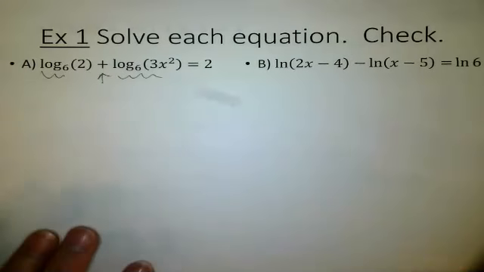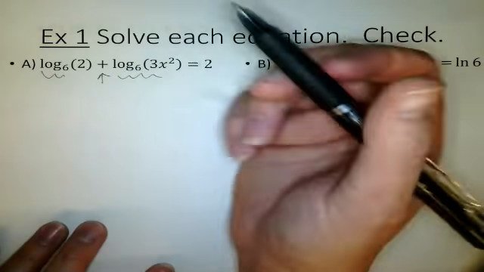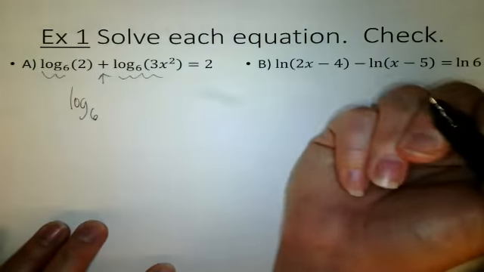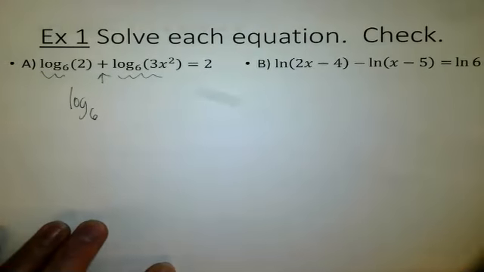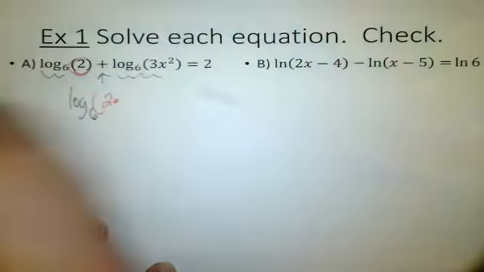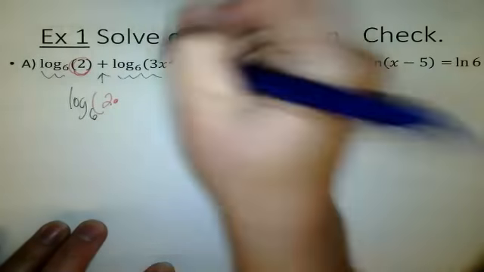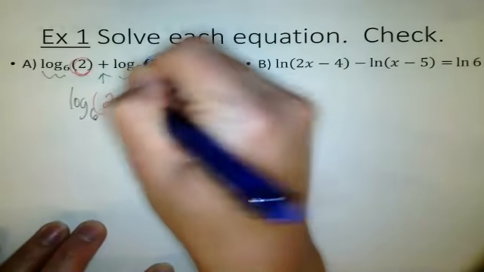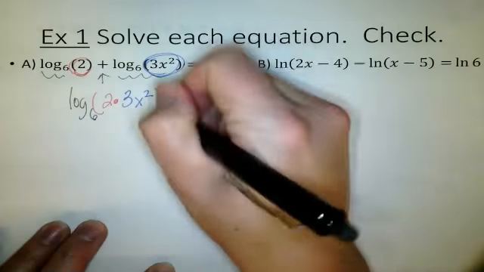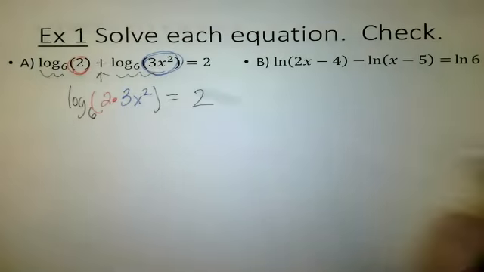What property allows me to add the logs? The multiplication. So we need to condense this to a single log base 6, and we multiply 2 times the 3x squared. The arguments get multiplied. So condense first is what we want to do today.